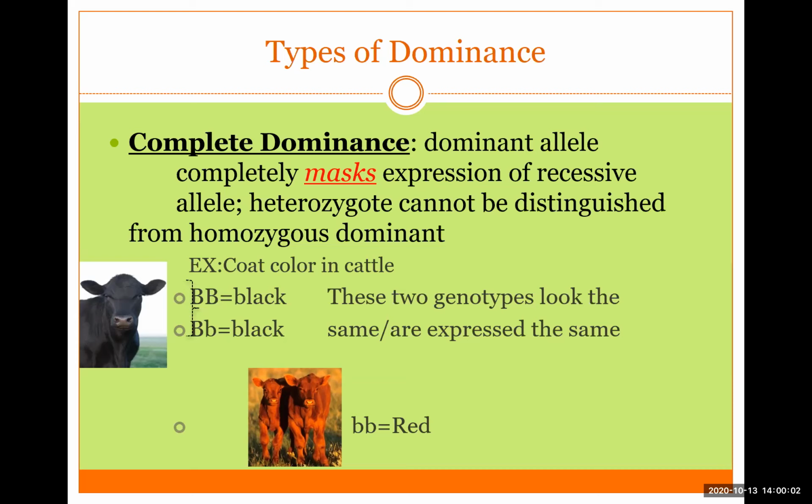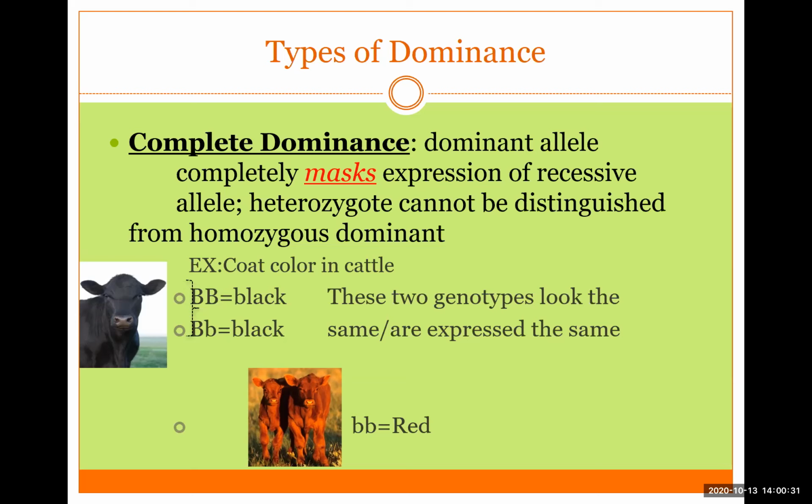And the example that we talked about was coat color, right? So remember we talked about coat color being expressed with, we used B was the letter, right? So if we had an uppercase B, that stood for black. And if we had a lowercase b, that was red, right?